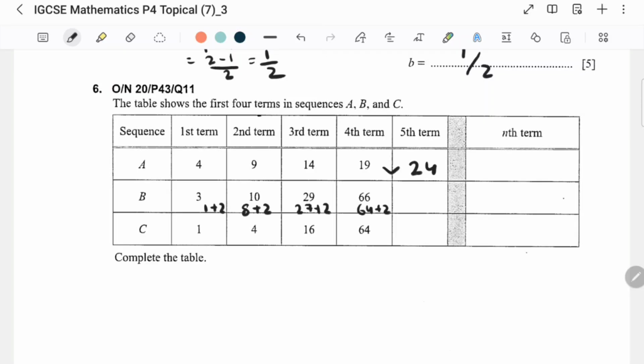Now I'll take the next number: 125 is 5 cubed, plus 2 is 127.